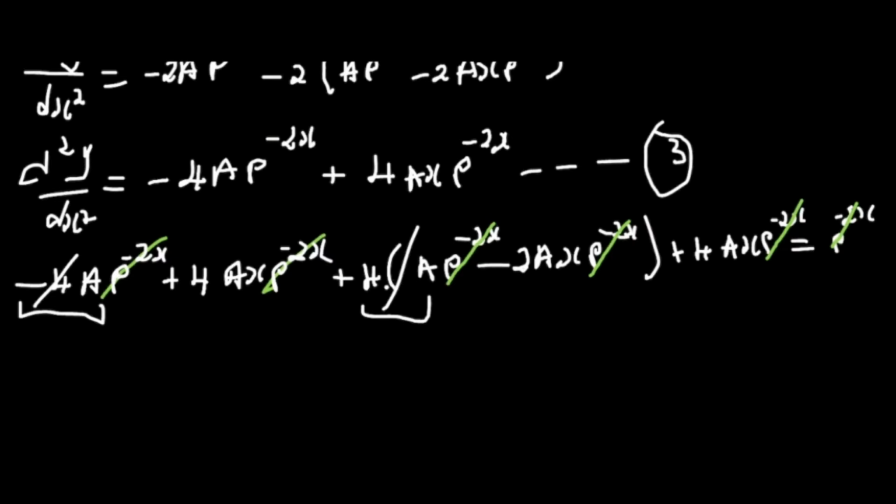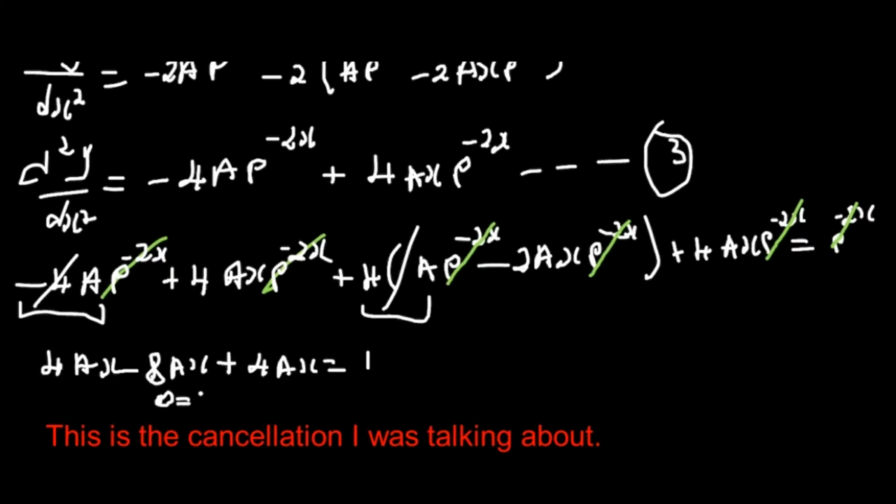Basically, we have 4ax minus 8ax plus 4ax, so this is going to give us 0, equal to 1. So we see here that 0 should be equal to 1. Very good. This is very interesting.